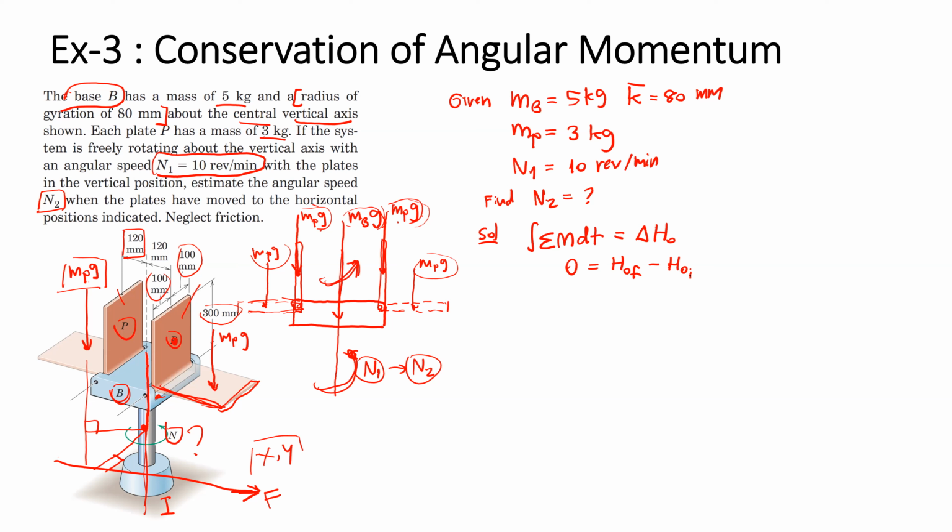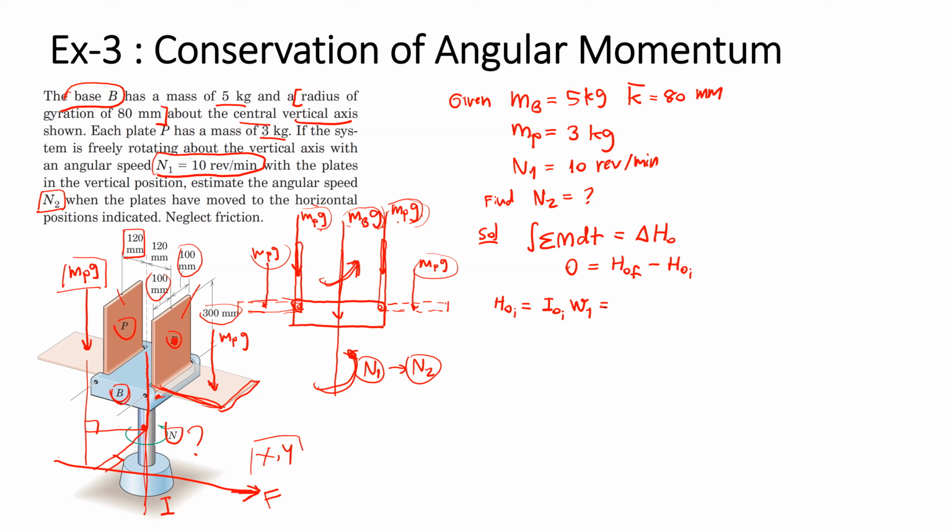We need to check what the angular momentum is at the initial state. Angular momentum at the initial state equals the moment of inertia at the initial state multiplied by the omega at the initial state.